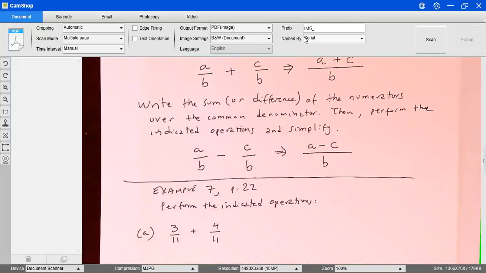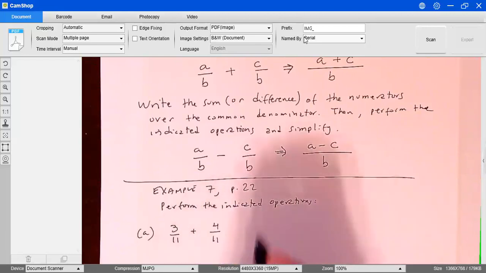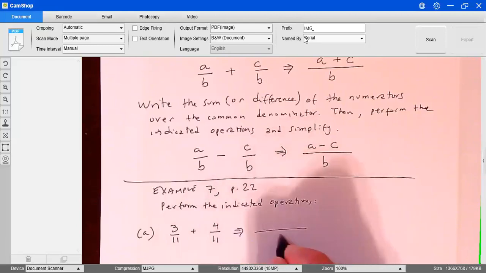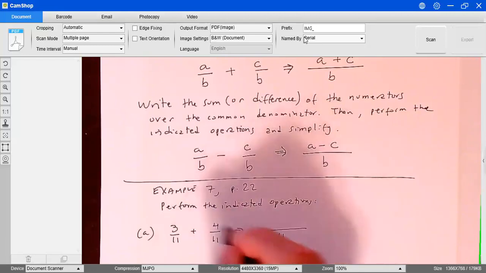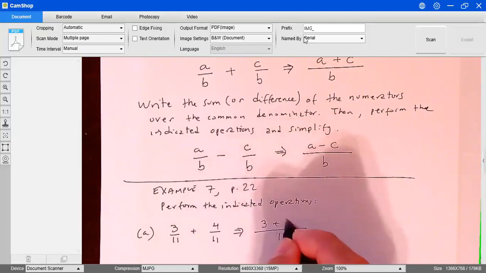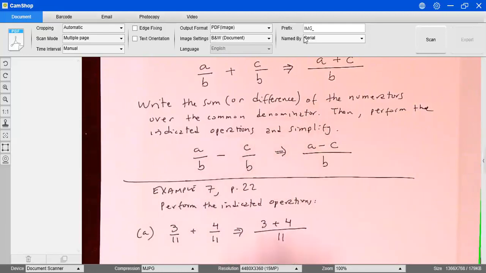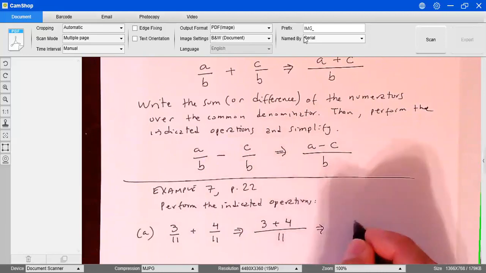You can see here that you have the sum of two fractions, and the first thing that you check is the denominator of the first fraction, then the denominator of the second fraction, and you see that the denominators are the same number. So you get that common denominator, then you write the sum of the numerators on the top, and then you simplify. So you're going to get 7 over 11.